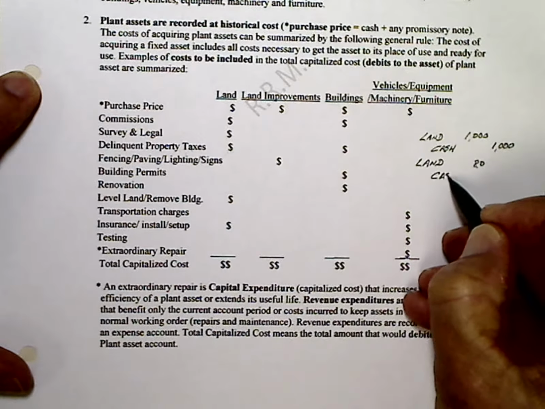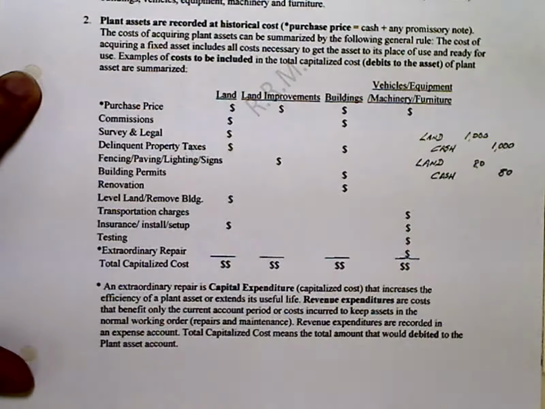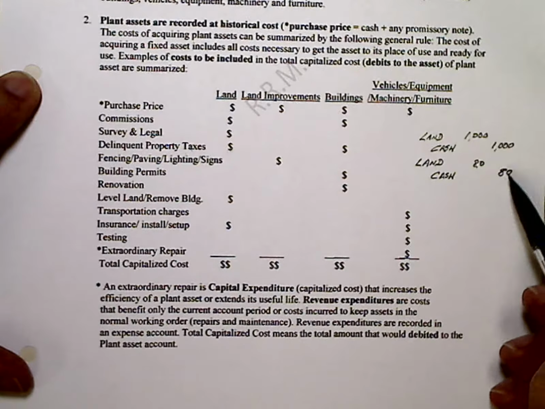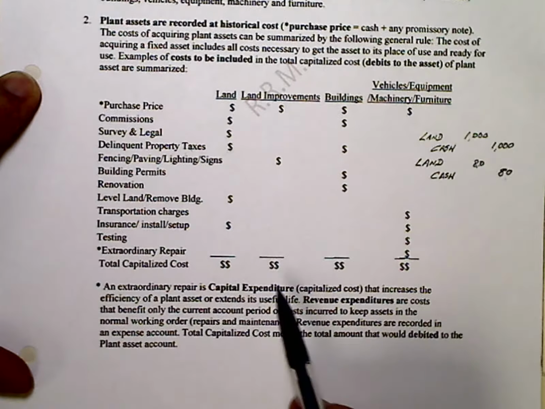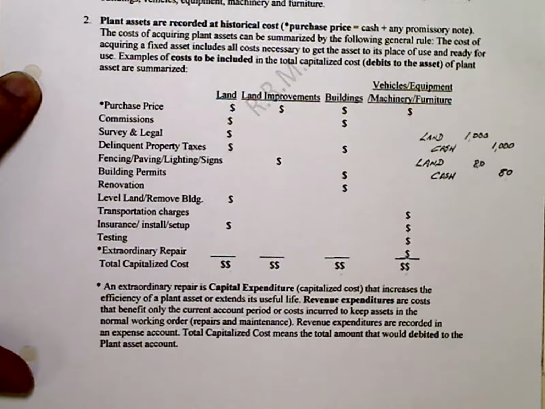And let's say we paid cash to $80. So when we write a check to the Bexar County Appraisal District or tax collection agency, when we cut that check, we'll credit cash and we will debit the land account. This is an example of how we add the cost, capitalized cost.